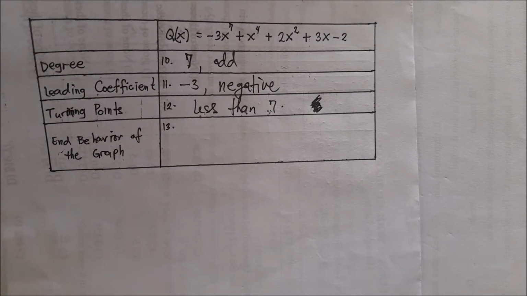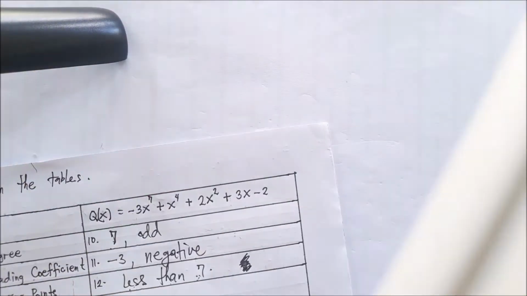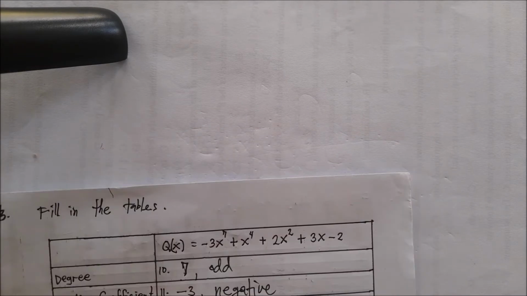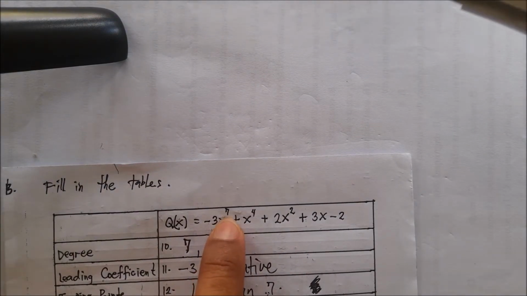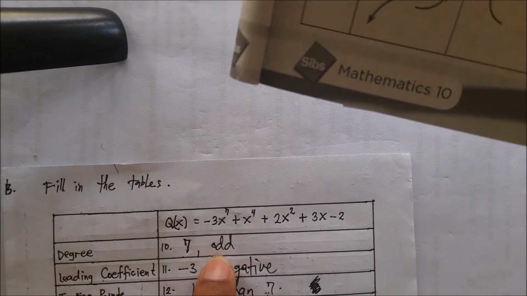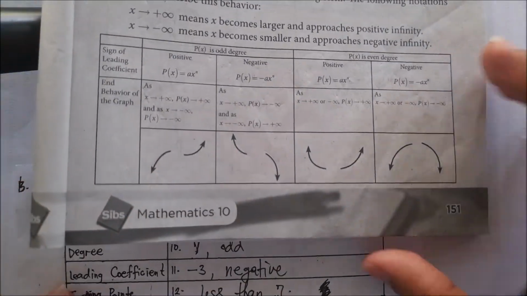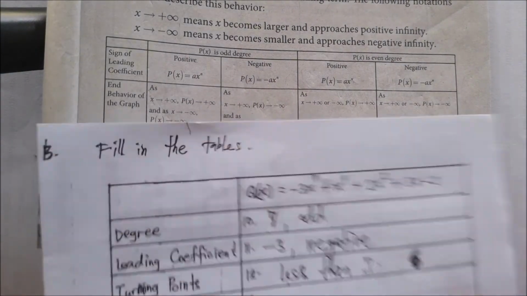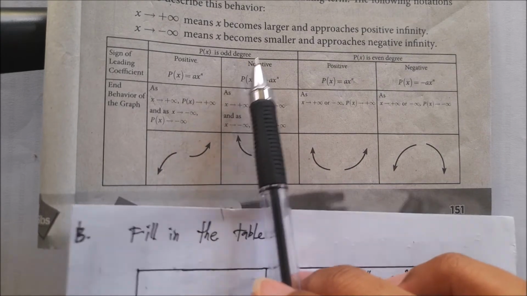From the table, the highest degree is 7 and it is an odd number. P of x is odd degree.